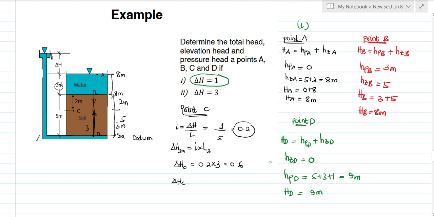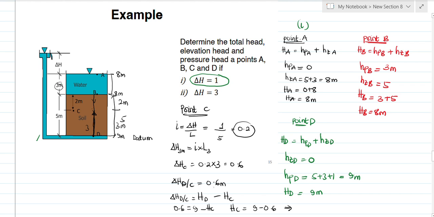That is the head loss between D and C. Now, we know head loss is equal to total head at D minus total head at C. So 0.6 equals the total head at D, which is 9, minus the total head at C.